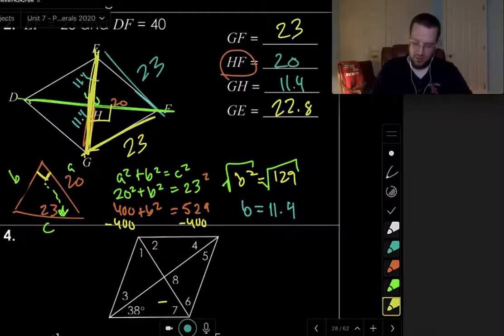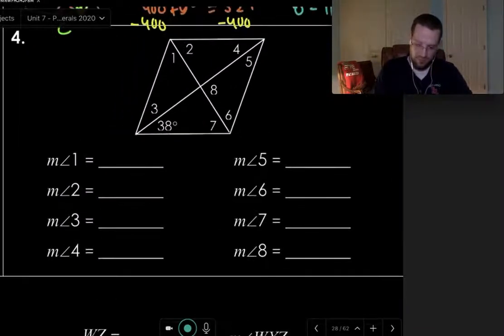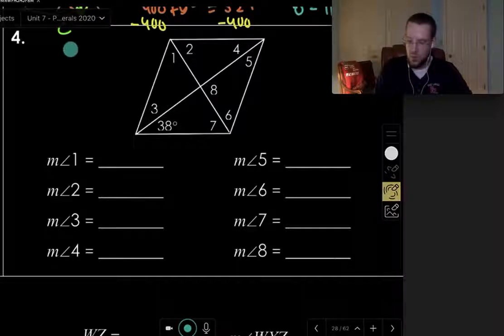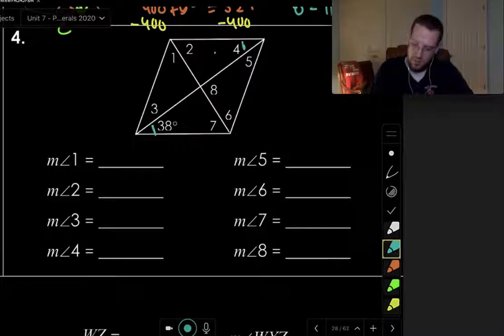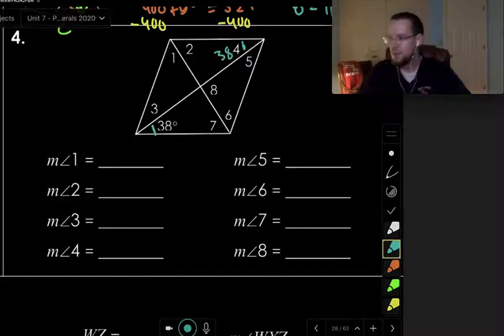Okay, let's look at something that has to do with angles. If you know me, I'm just going to find them all. So here we go. 38, 38, 52.